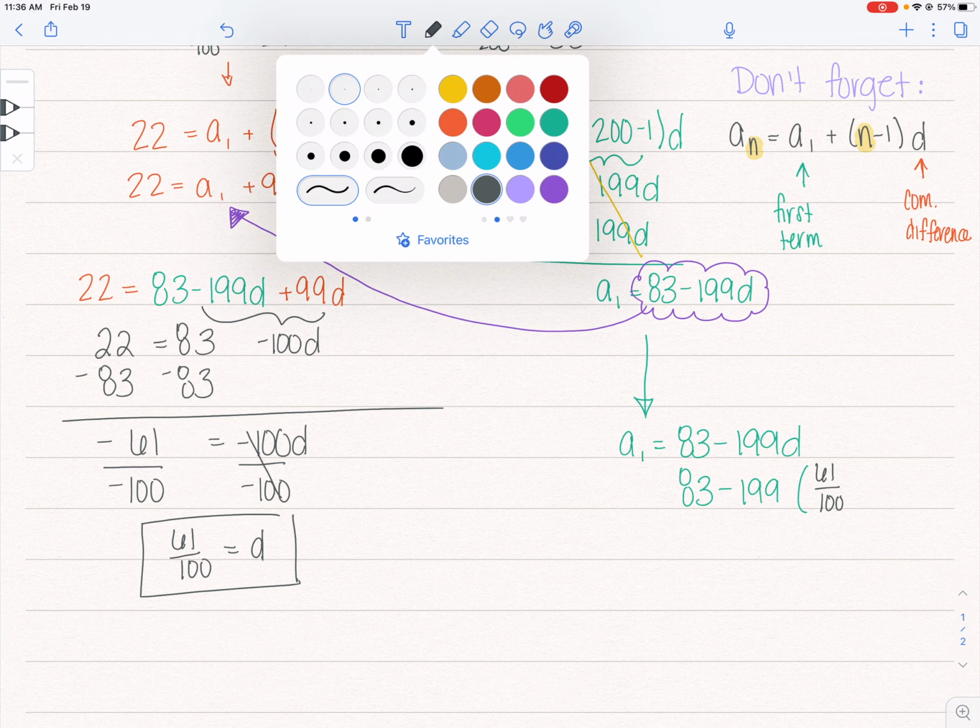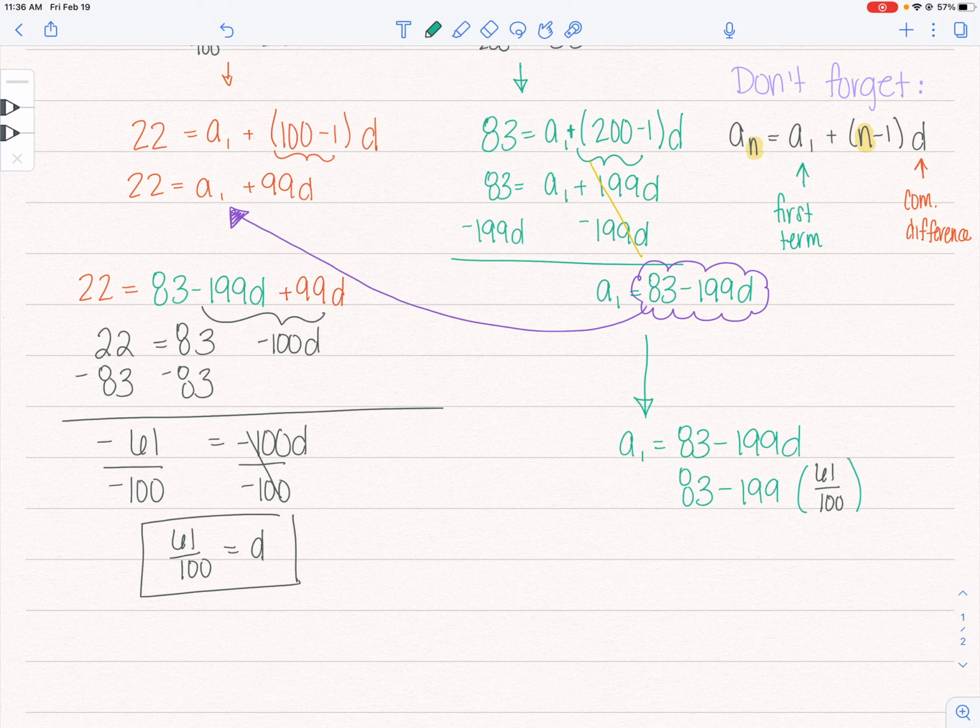And so now I can type that thing into my calculator, and I get a grand total of negative 3,839 over 100. Again, it's not real nice because it does have to be written in a fraction.